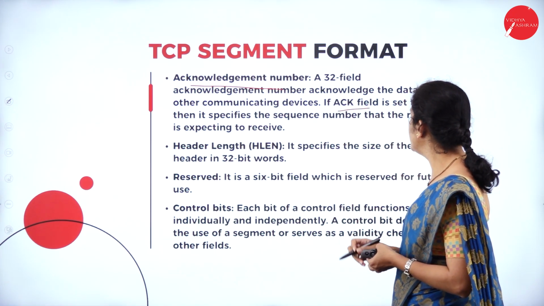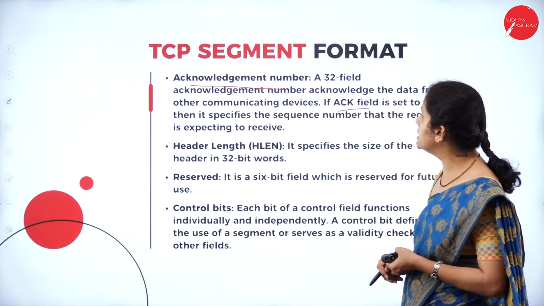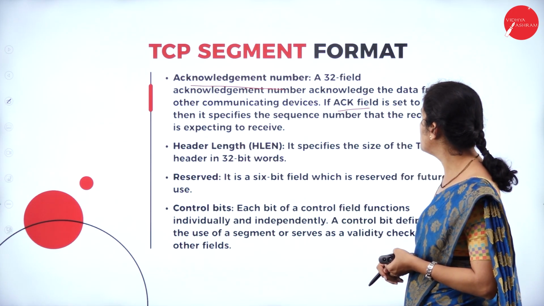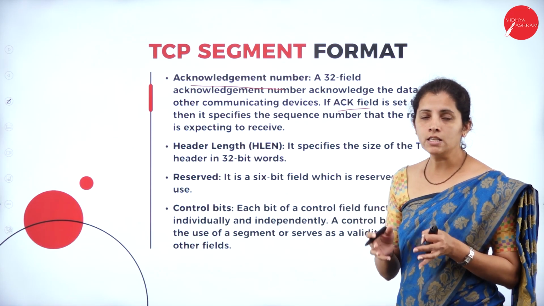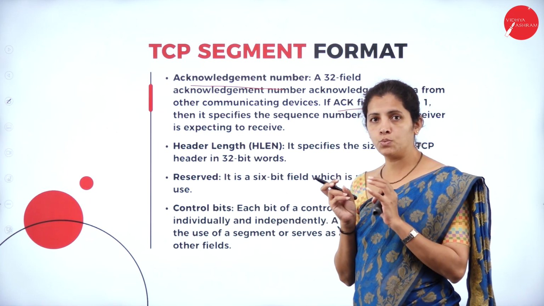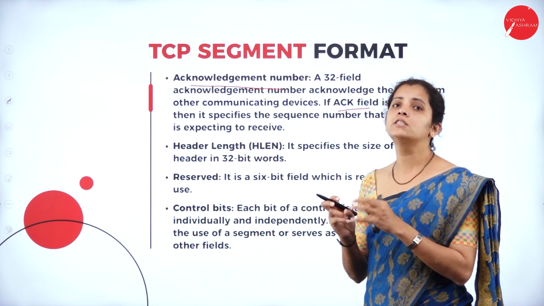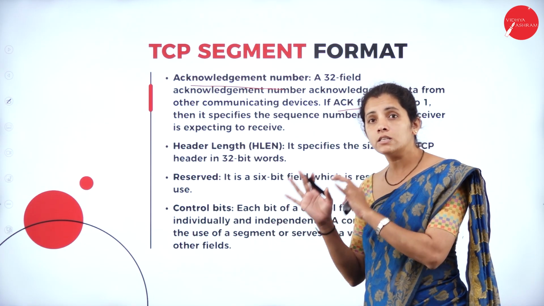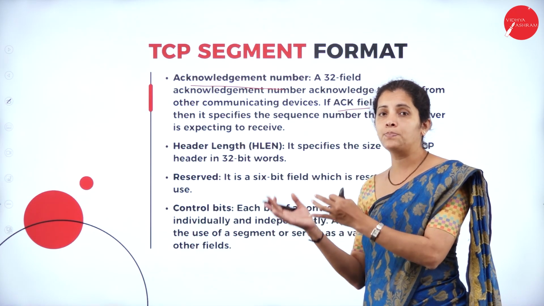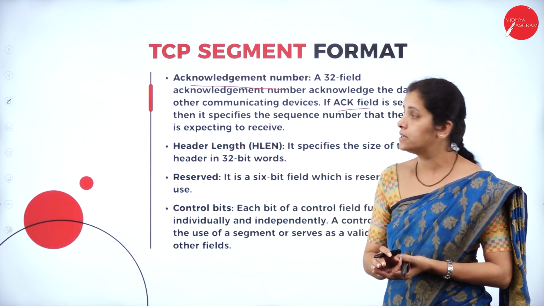If the ACK field is set to 1, it indicates that the sequence number the receiver was expecting has been received. That is a positive acknowledgement: it has already been received by the receiver, which is now expecting the next segment.